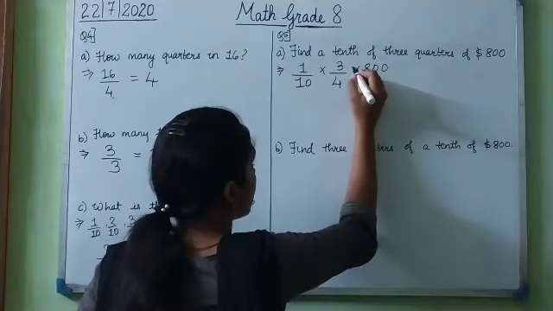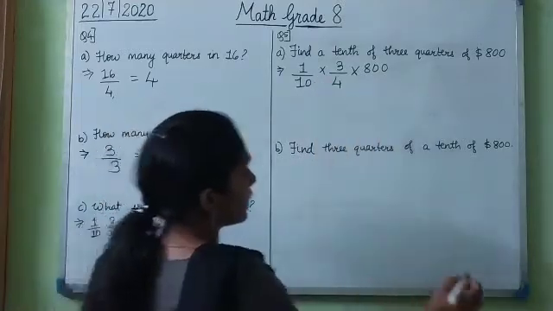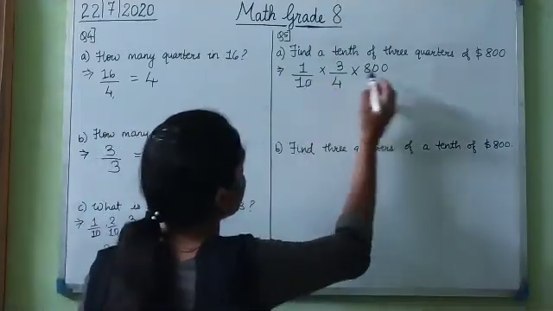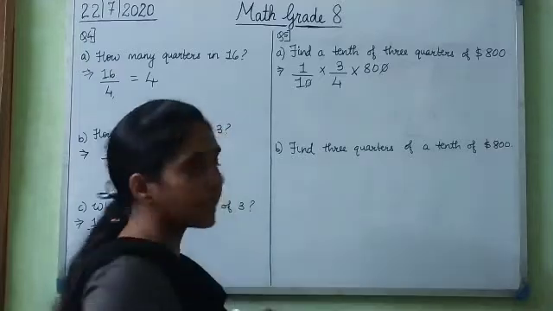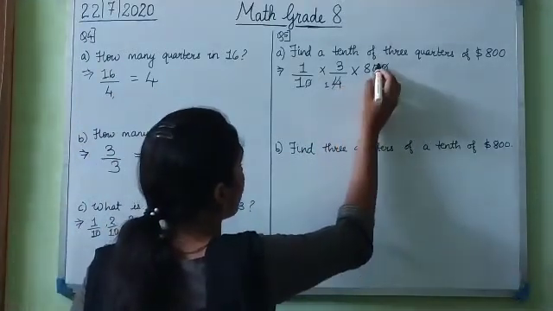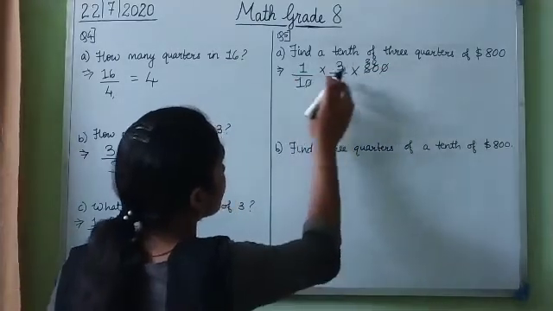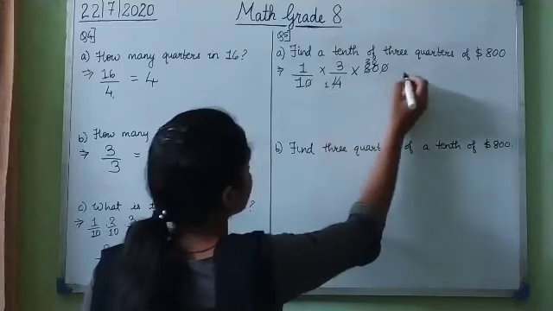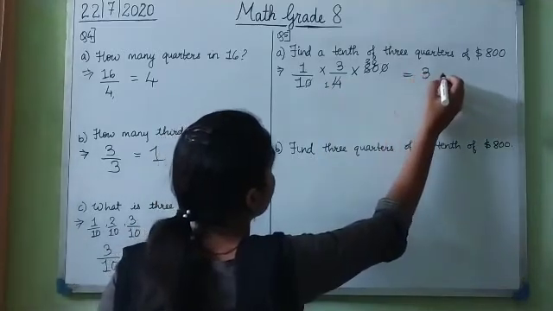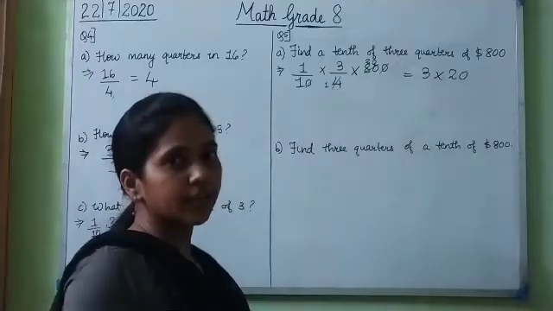So after multiplying this, what do we get? This 0 and this 0 can be cancelled. 1 0 gets cancelled. 4 1s are 4. 4 2s are 8, and this 0 is remaining. So this becomes 1 into 3 into 20. That is equal to 3 into 20. And there is only 1 remaining in the denominator.